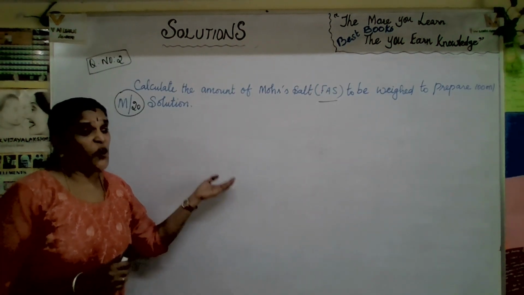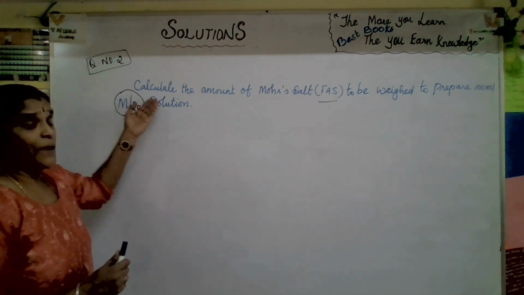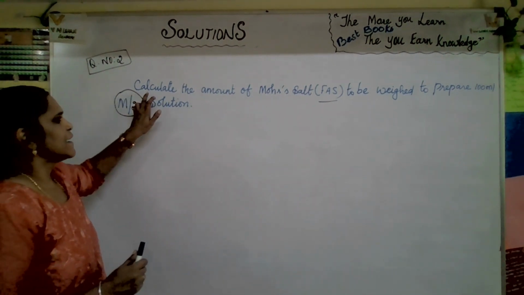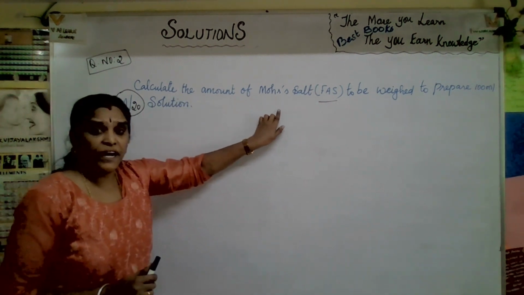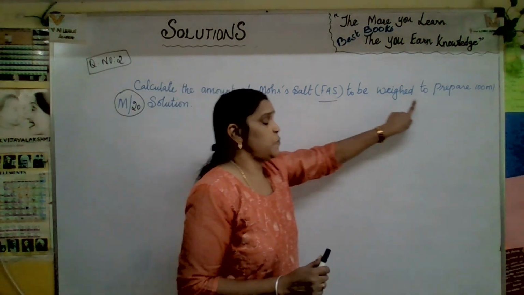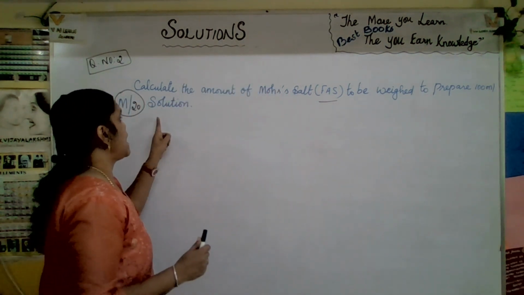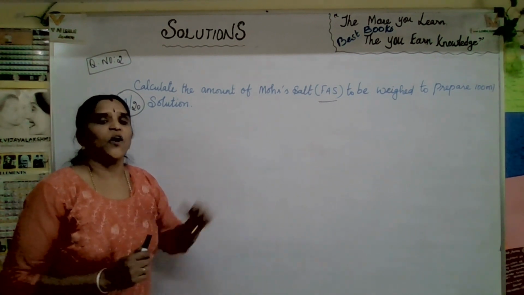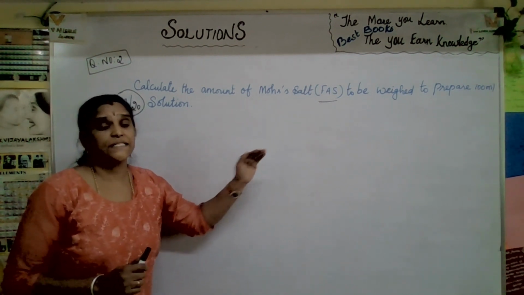Now let us identify an important practical related question. Calculate the amount of Mohr's salt, FAS, that is ferrous ammonium sulfate, to be weighed to prepare 100 ml of M by 20 solution. Let us go step by step.